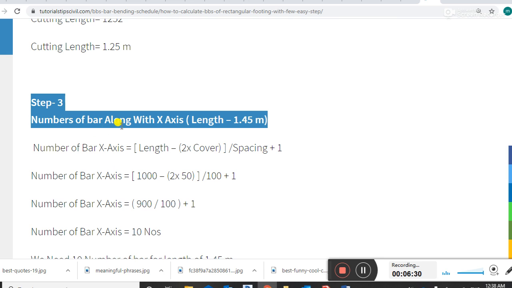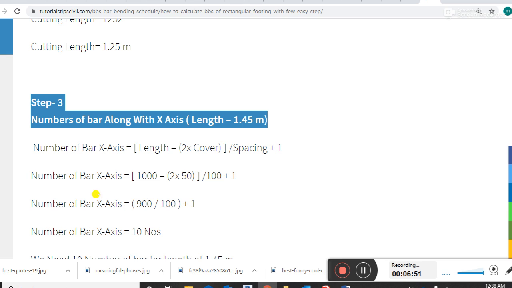Guys, step number 3: number of bars along the x-axis. Length is 1.45 meters. Number of bars in x-axis is equal to length minus 2 cover divided by spacing plus 1.